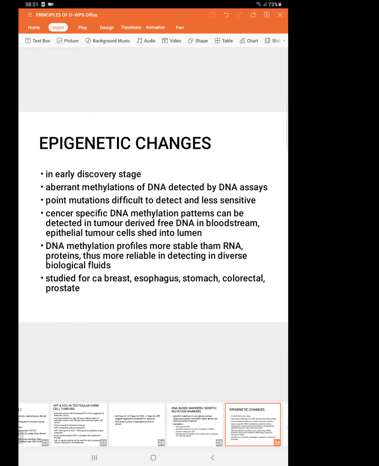DNA methylations are detected rather than RNA or protein alterations, since they are more stable in diverse body fluids. Epigenetic changes have been studied in carcinoma of breast, esophagus, stomach, colorectal carcinoma, and prostate carcinoma.